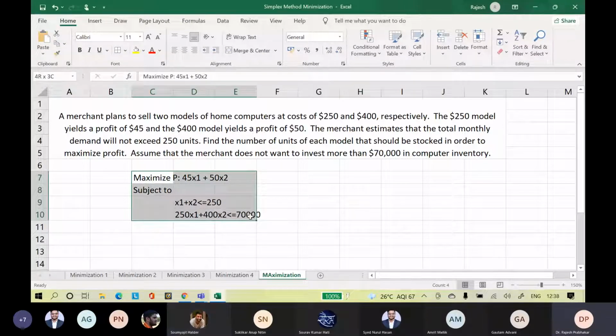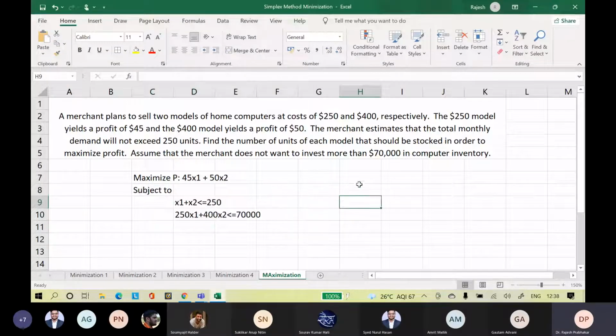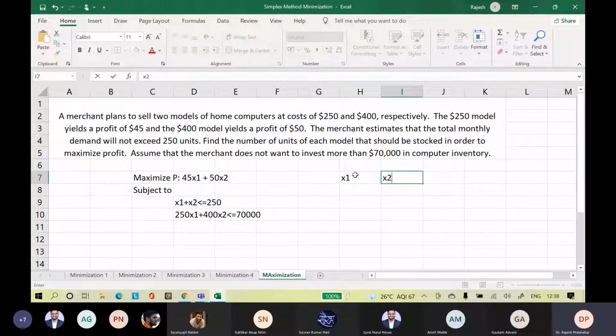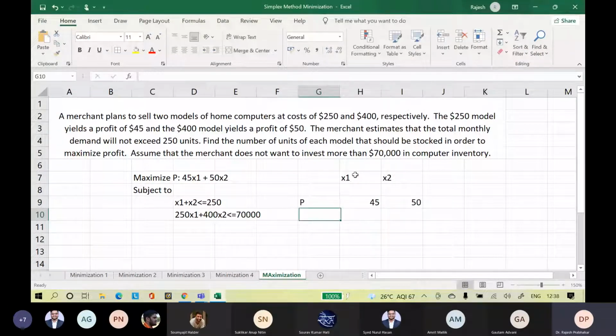This is the problem. So let us see x1, x2, profit 45, 50.